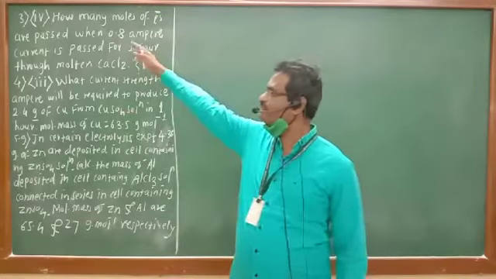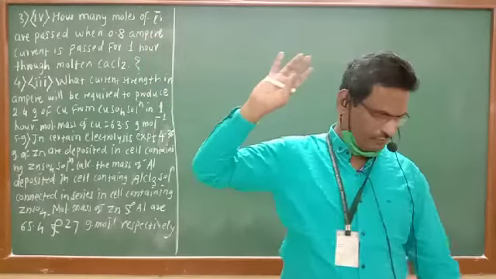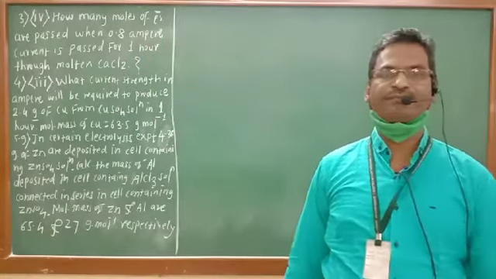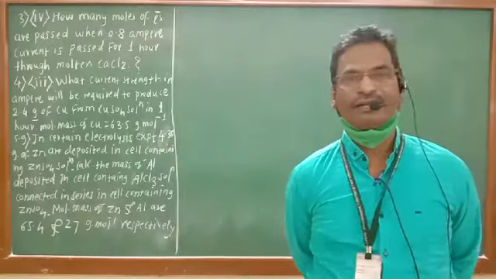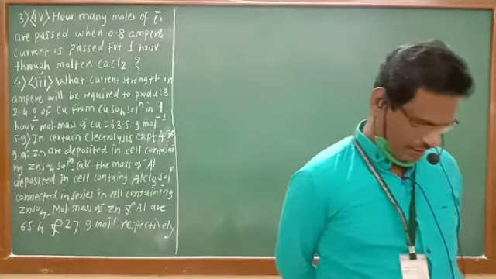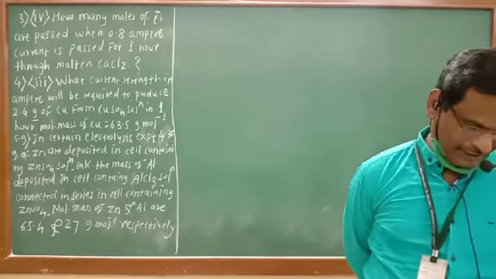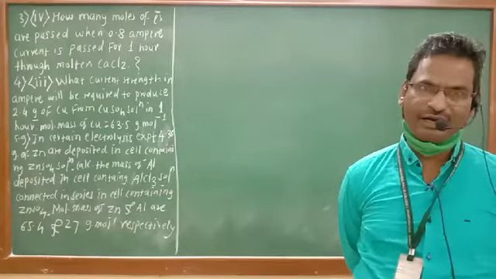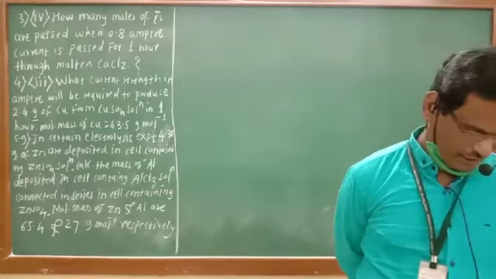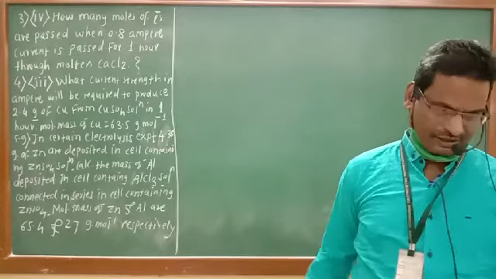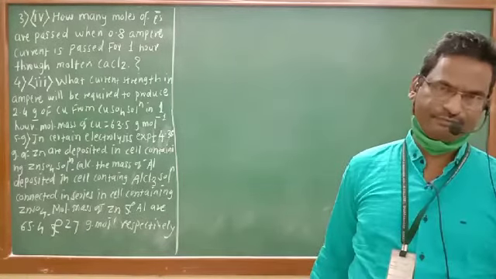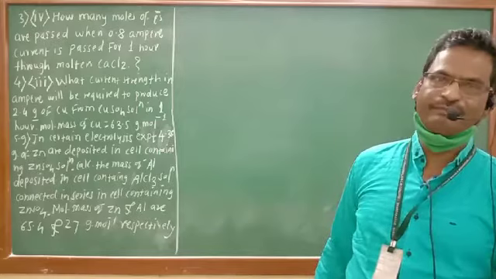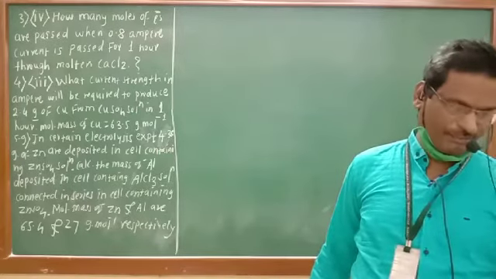The first problem is in your book, at the end of the chapter, where they have given an exercise on page number 118. On page number 118, there is question number 3, at the bottom: Answer the following in brief.